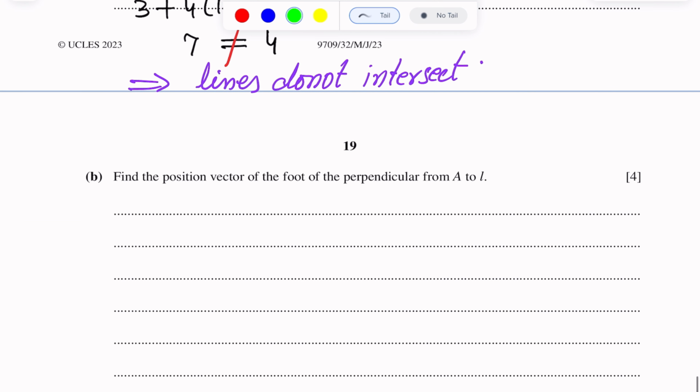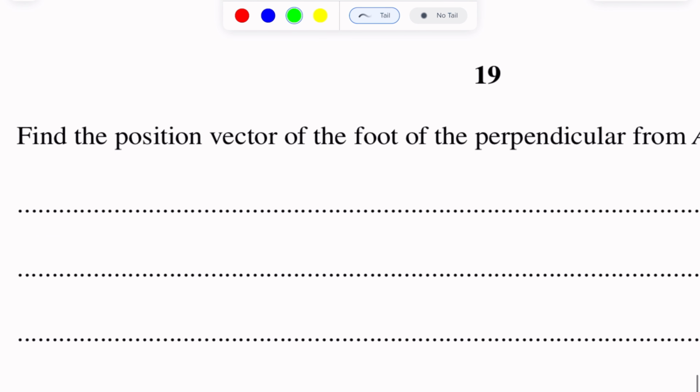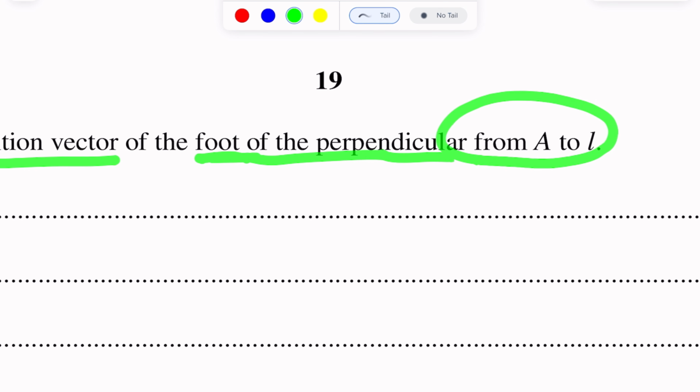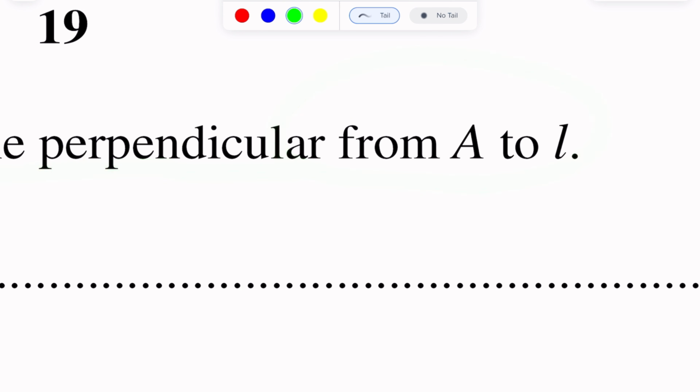The next part of this question is part B. Find the position vector of the foot of perpendicular from A to L. A is a point and L is a line.